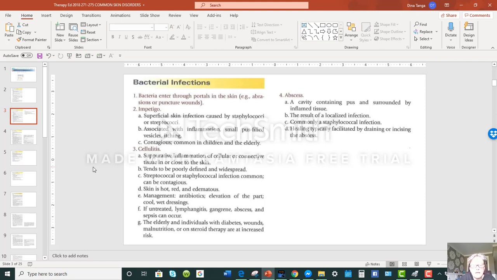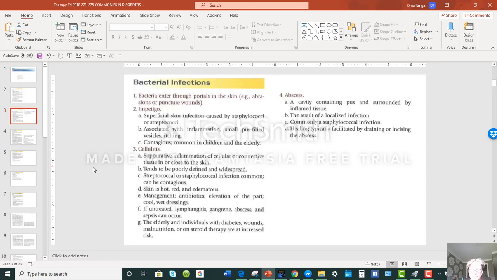Management: antibiotics, elevation of the part, cool, wet dressings. If untreated, lymphangitis, gangrene, abscess, and sepsis can occur. The elderly and individuals with diabetes, wounds, malnutrition, or on steroid therapy are at increased risk.